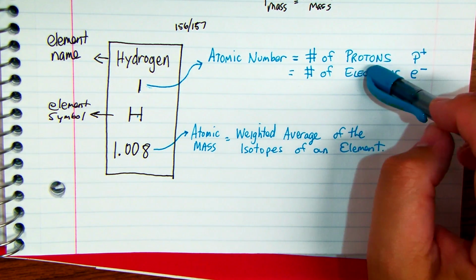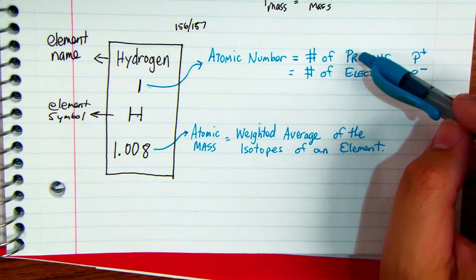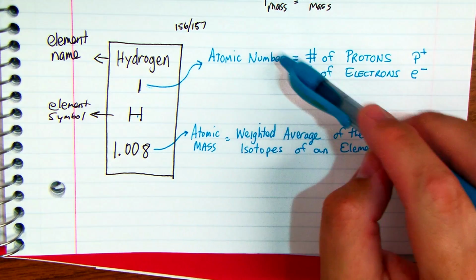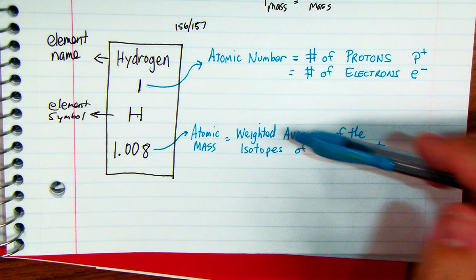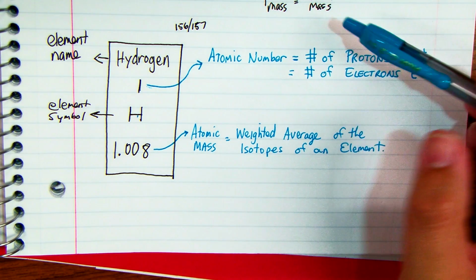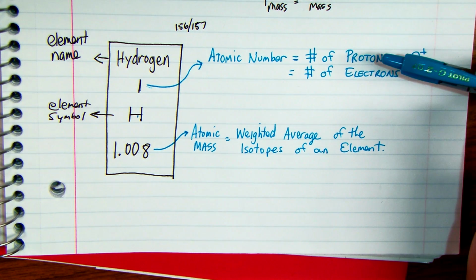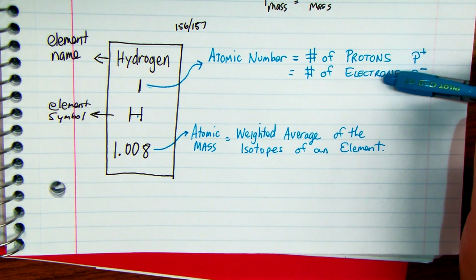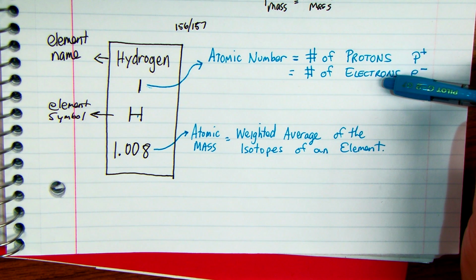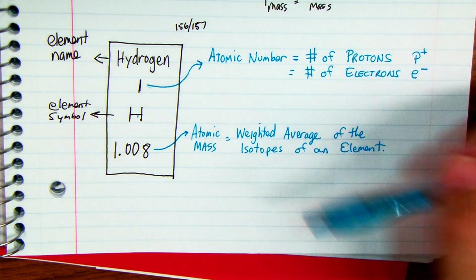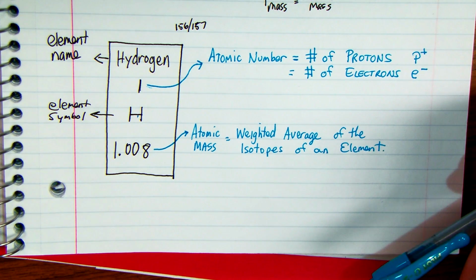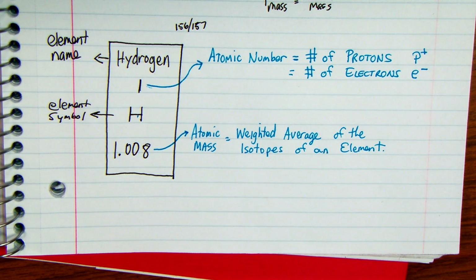And the number of electrons are only going to change when we start building compounds and things like that, when they're reacting with each other. So if I know the protons aren't going to change, and the electrons are only going to change if we're adding them to different elements, what's going to change that's going to make these isotopes? The number of neutrons. Exactly right. And that's the next thing that we're going to talk about.